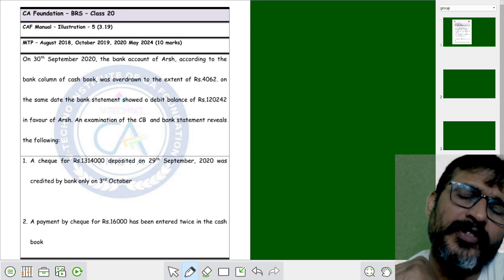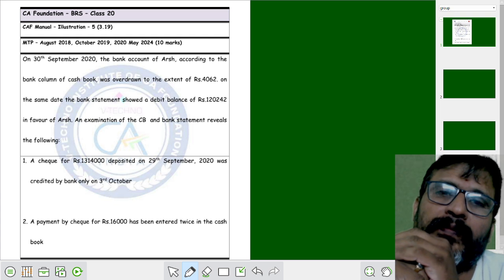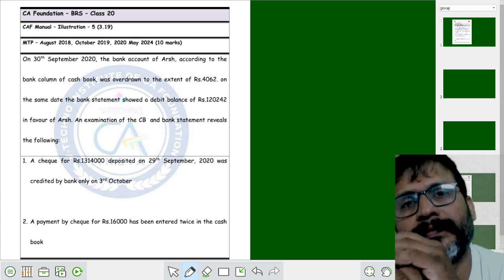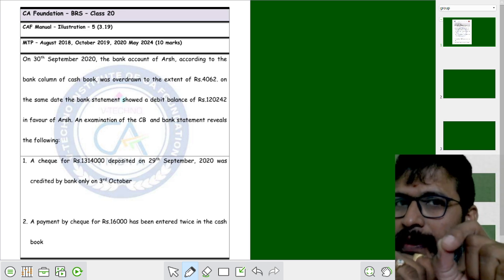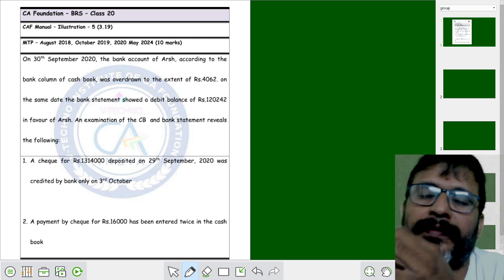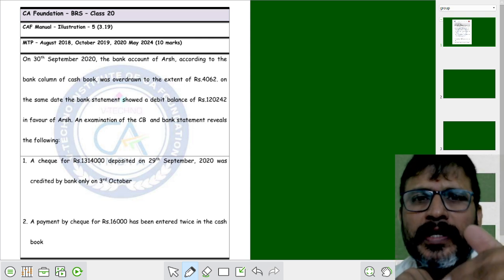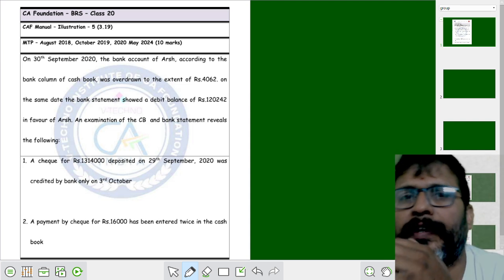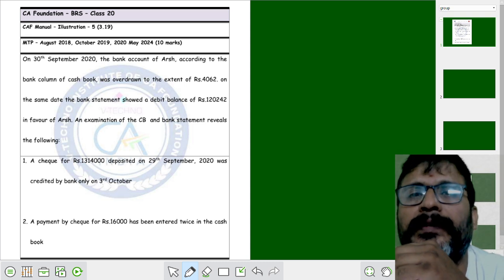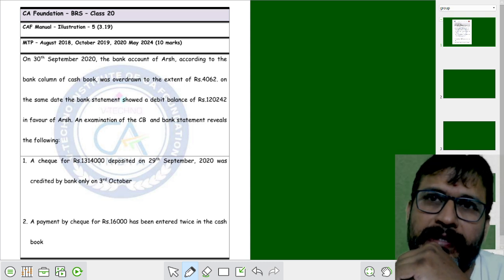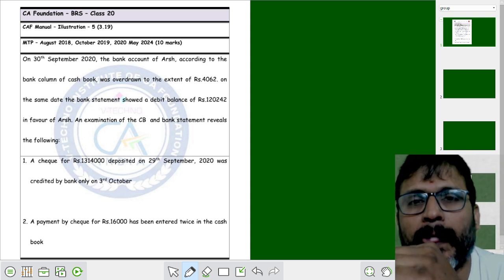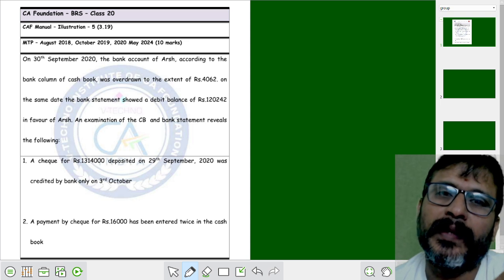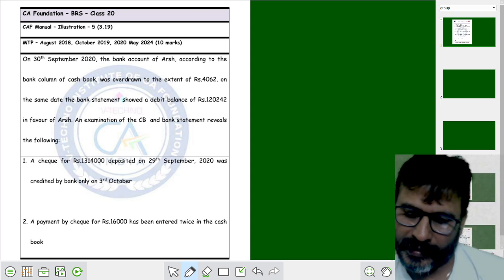The entries which are not recorded in the cash book, and the mistakes which are committed in the cash book, come in ACB, called adjusted cash book. The errors which are committed in the passbook, and the entries which are not recorded in the passbook, come under the bank reconciliation statement. Please remember these two things before doing a problem under this particular method.